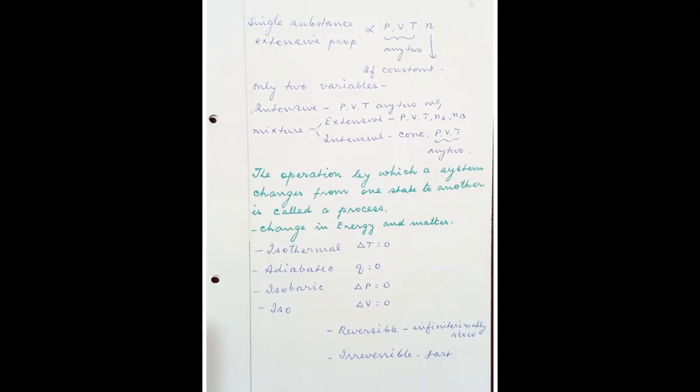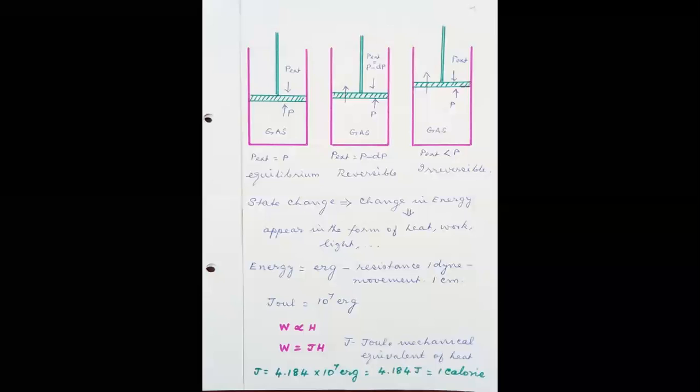So the efficiency becomes very high only when the restoring force also becomes very high. Now look at this diagram, and you can understand. I have taken three frictionless cylindrical pistons which are confined with a gas.